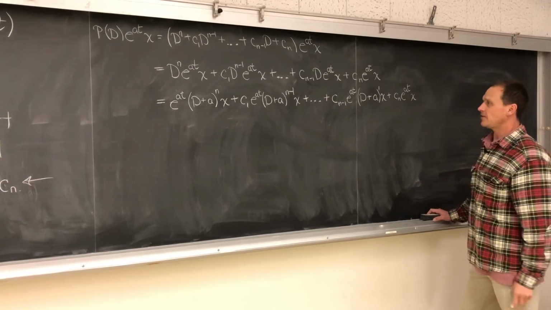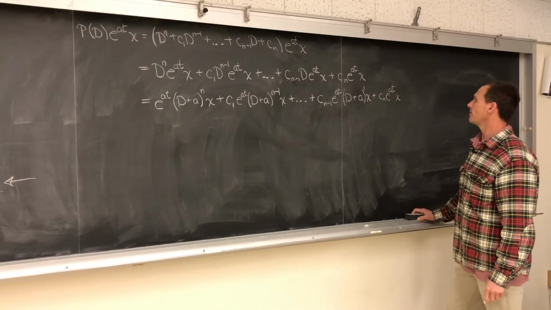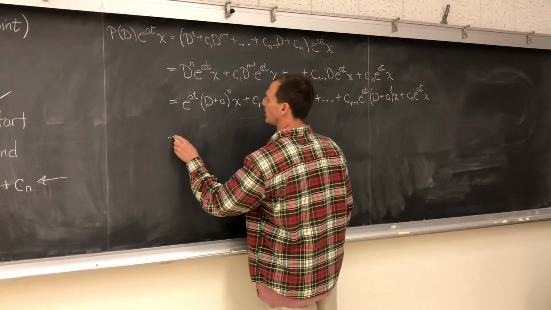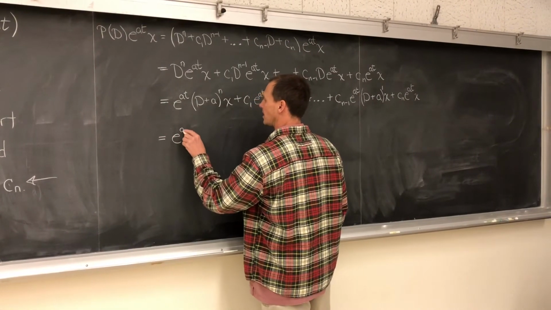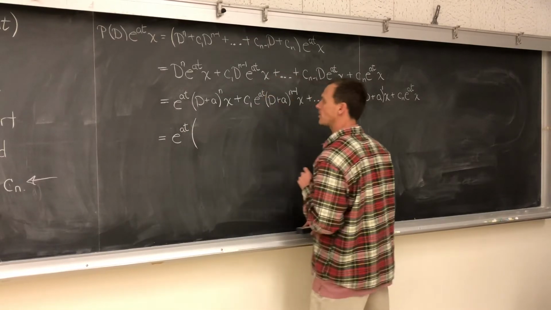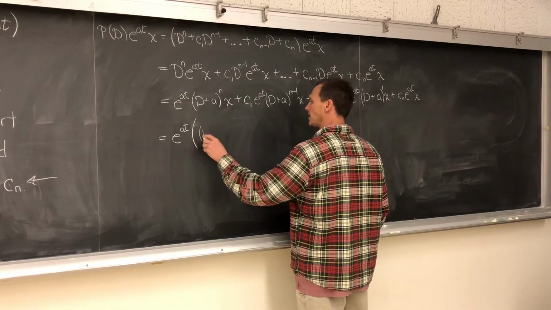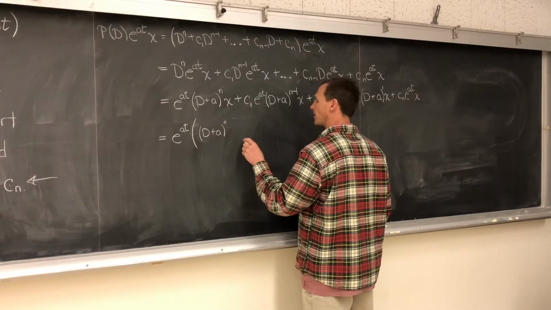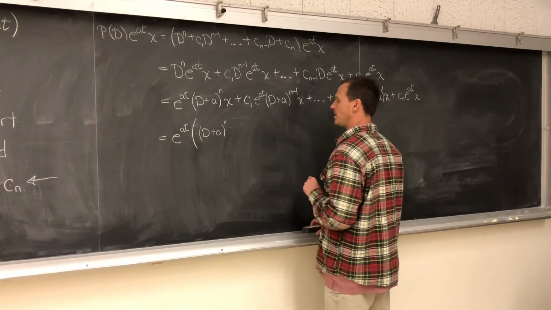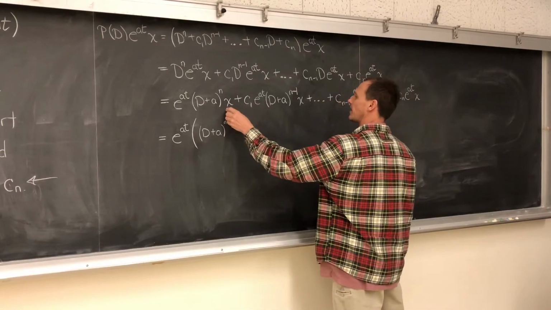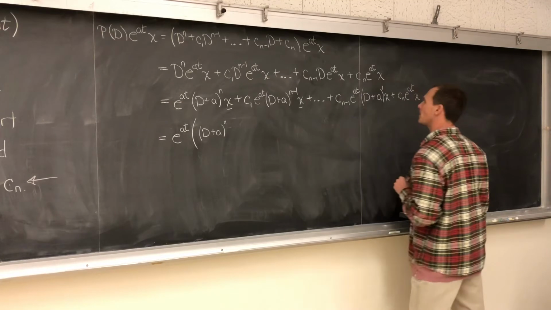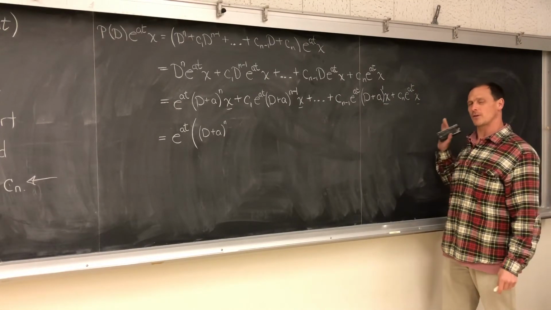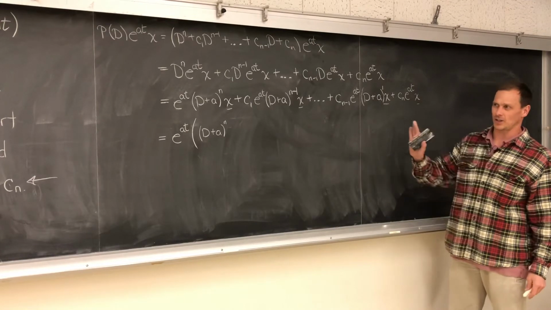Okay, our last step is to factor. So this is equal to, I'm going to factor e to the at out of every term. So this is going to be d plus a to the nth power. Now let's also notice I have an x in every term. Let's factor that x out, but we're going to move it and put it over here on the right, because we were trying to look at where we're going.